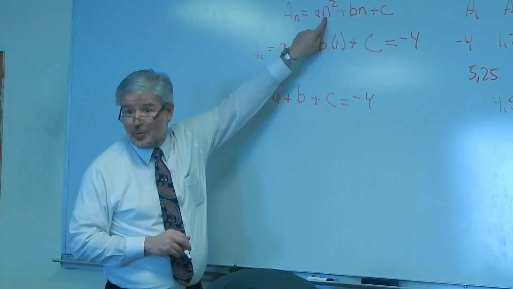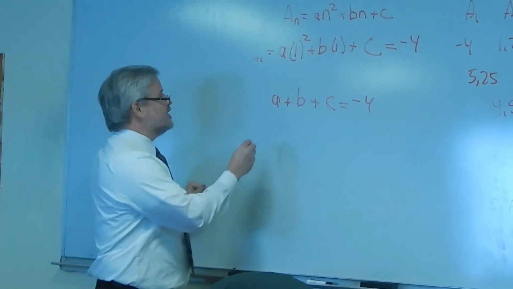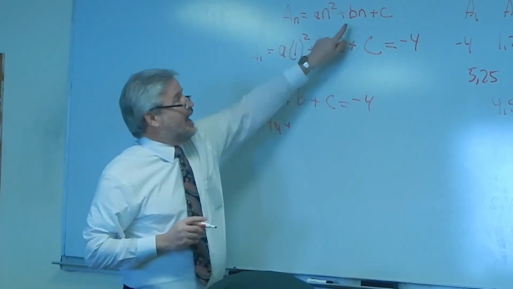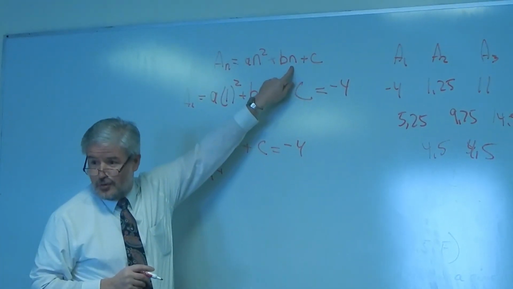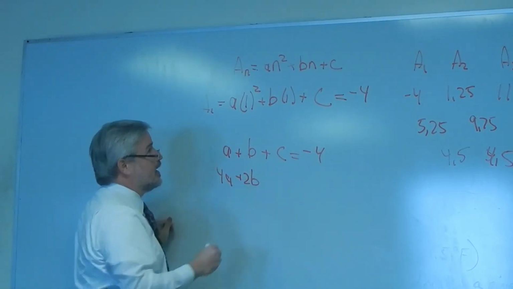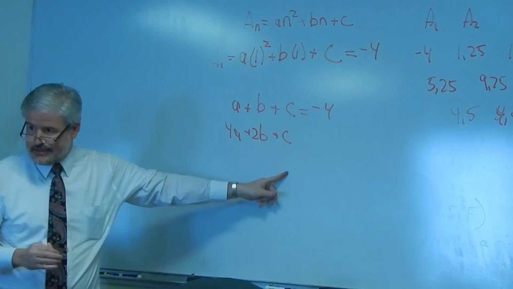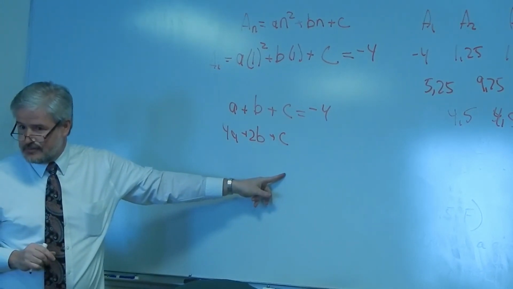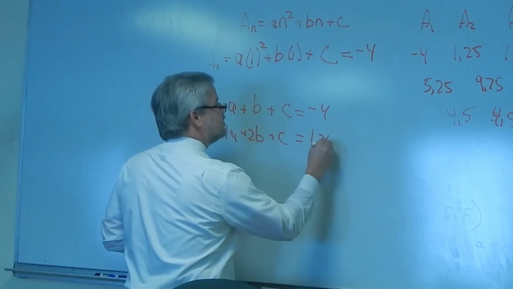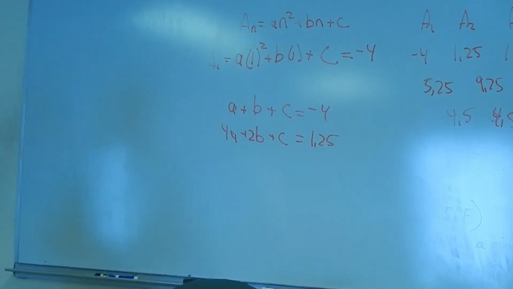So we get 2 squared is 4, so 4a, plus, when n is equal to 2, 2b, and plus c. And that sum has to be equal to A2, which is 1.25. Now I've got a system of 2 equations with 3 unknowns.